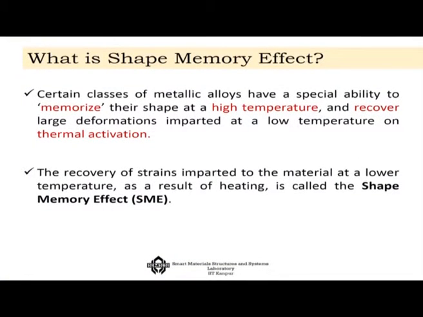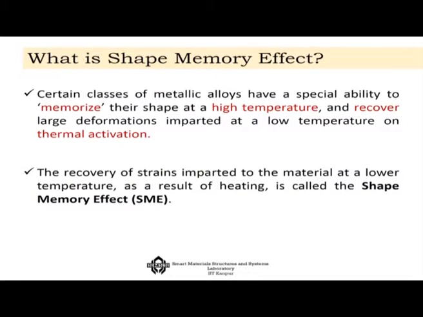There are certain classes of metallic alloys which have a very special ability. This special ability is to memorize their shape at a particular temperature. If the material undergoes a large deformation at a low temperature, the moment you thermally activate it, it will once again get back its shape.